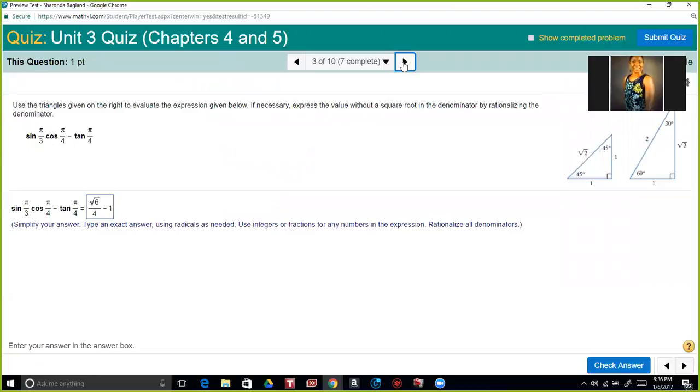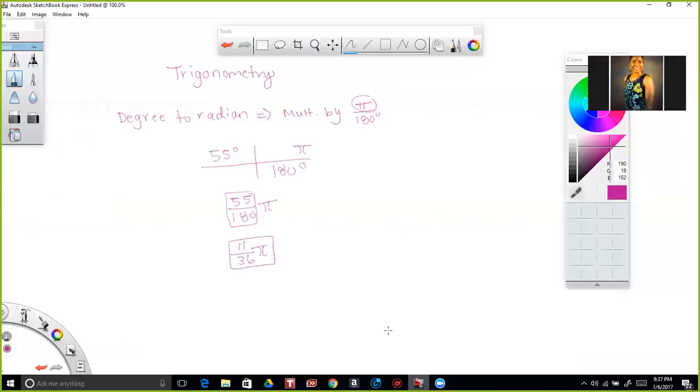Question 3 says use the triangles given to the right to evaluate the expression given below. If necessary, express the value without a square root in the denominator by rationalizing the denominator. Okay, let's see if I can put this in the sketcher.